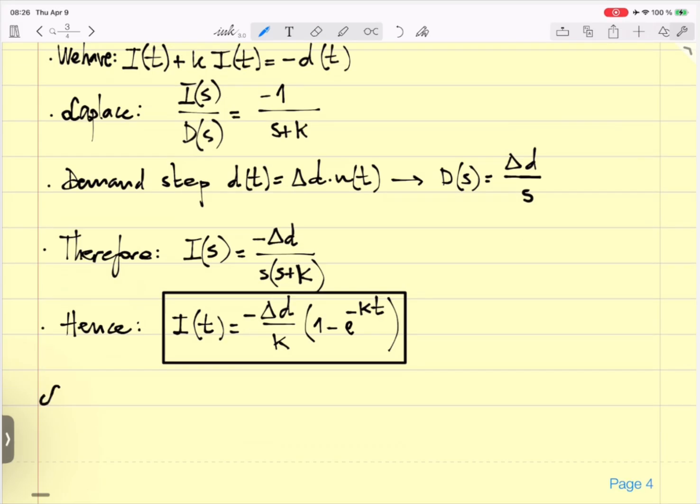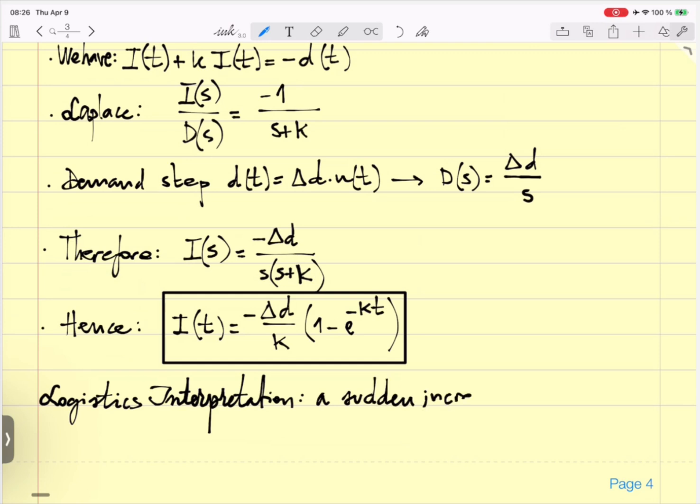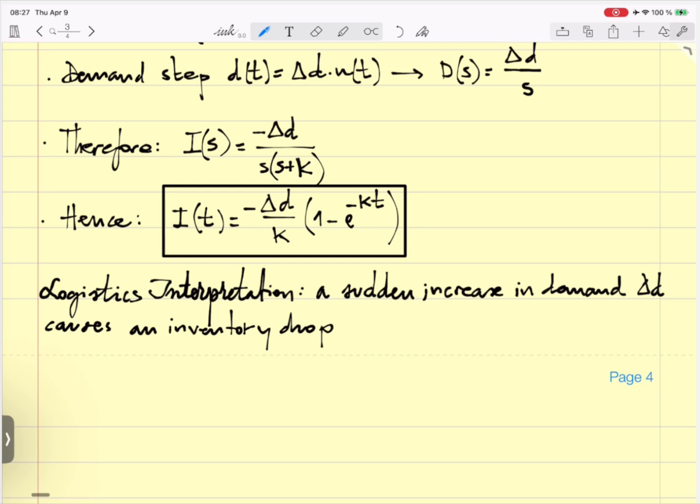Logistics interpretation: a sudden increase in demand, let's say delta D, causes an inventory drop. Okay. So let's visualize this.